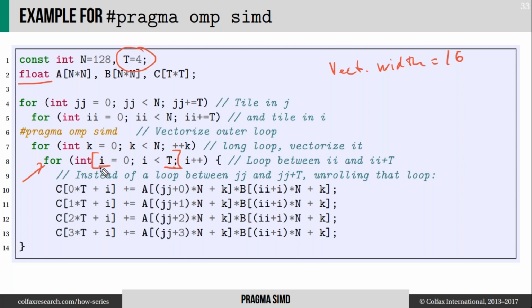Another reason why vectorizing in I would be a bad idea is this. What it gives me is strided access. Remember I showed you this diagram where the workflow of the vector calculation is to first load data from memory into registers.